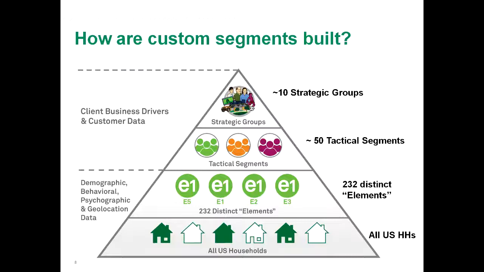And I've worked in marketing for a long time. 50 tactical segments is a lot for any company to manage or deal with. And so what we'll also do is roll those 50 tactical segments, based on input from our clients as to what is the primary thing they would like to segment on, into approximately 10 strategic groups.